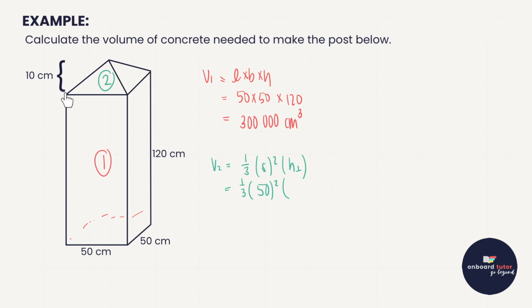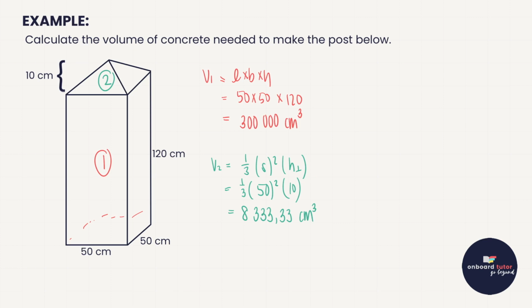They've said if you take from here to the top, it's 10 centimeters. So we can then write multiplied by 10. And again, we type that into the calculator, and that gives us 8,333.33 cubic centimeters of concrete for that pyramid part.